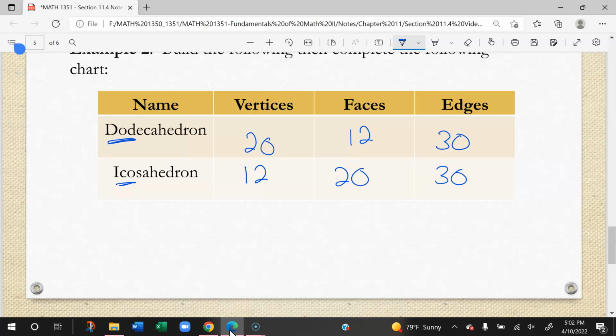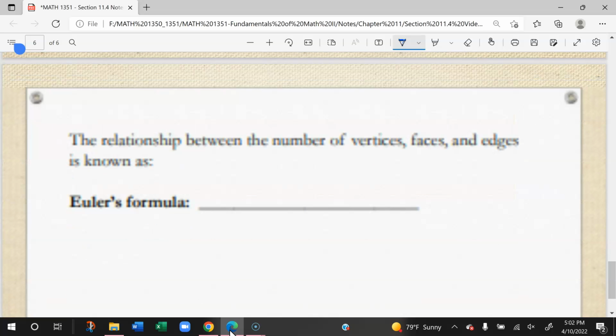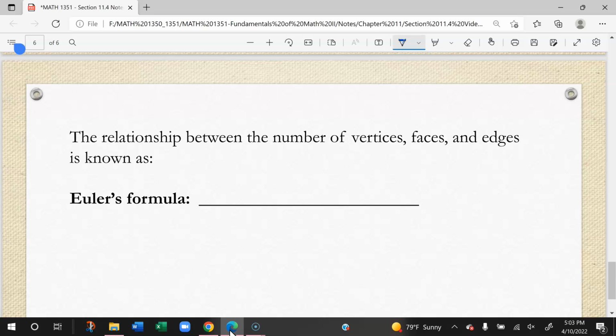And what we actually come to find out is that there is a relationship between the vertices, the faces, and the edges.